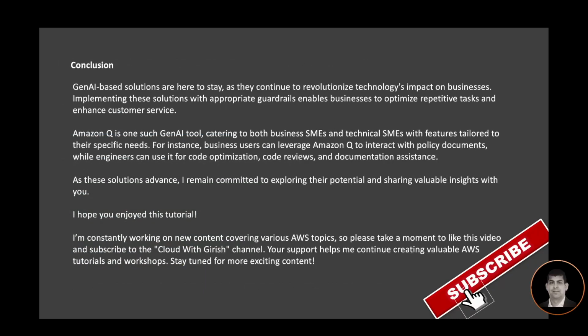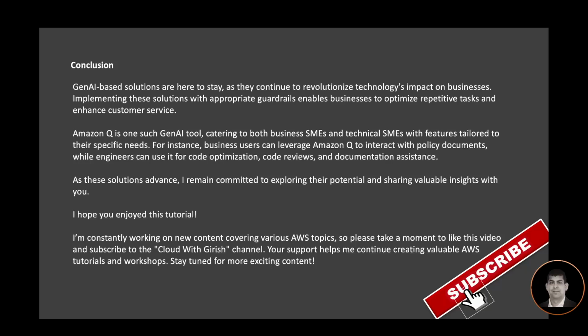So GenAI based solutions are here to stay as they continue to revolutionize technology's impact on businesses. Implementing these solutions with appropriate guardrails enables businesses to optimize repetitive tasks and enhance customer service. Amazon Q is one such GenAI tool catering to both business SMEs and technical SMEs with features tailored to their specific needs.